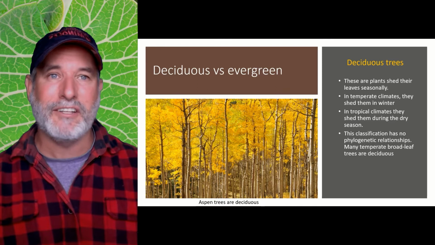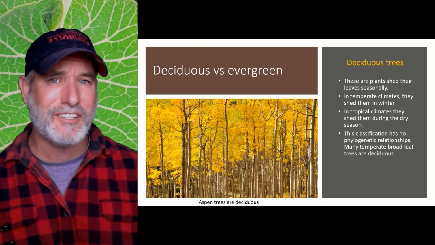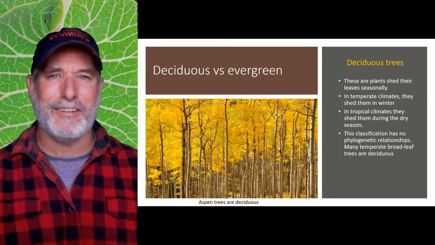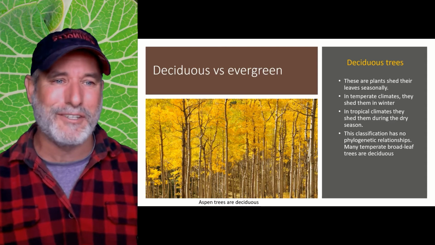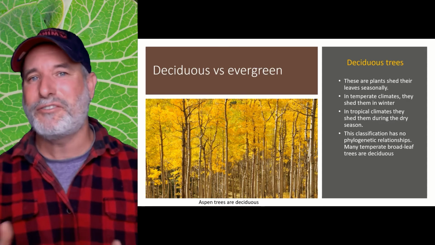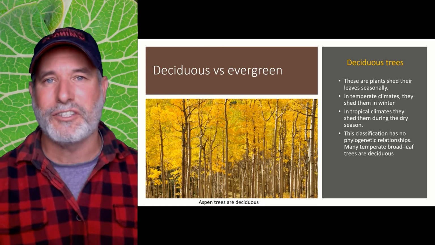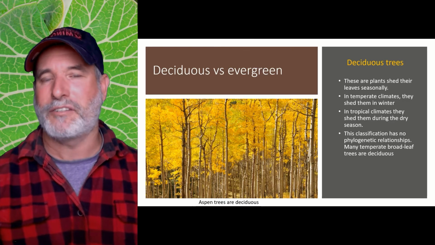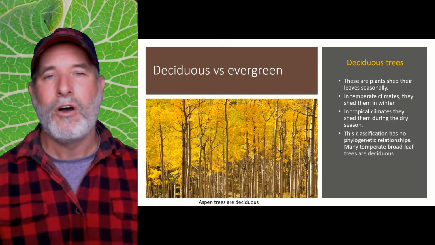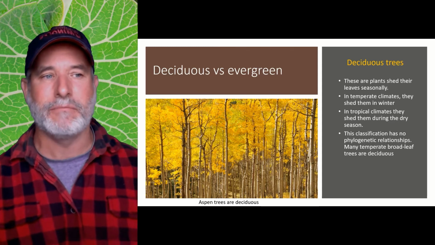You know, in the rainy season, they look like a full-on tropical forest. And then in the dry season, they look like a temperate forest. They've lost all their leaves, but it's still hot outside. Pretty crazy. But this deciduous versus evergreen, this is not necessarily a phylogenetic relationship, just a habit of the plants to adapt into either cold environments or environments that have a very wet versus a very dry season.